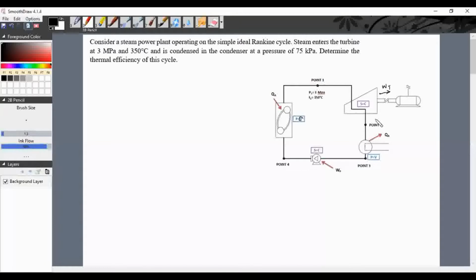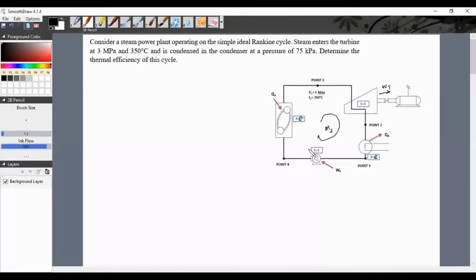Then, at point 2, papasok yung ating steam sa condenser. Then, magkakaroon na heat rejection. Okay? Then, this is operating at P is equal to C. Then, lalabas steam at point 3.